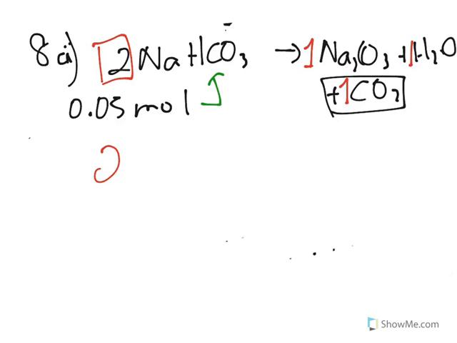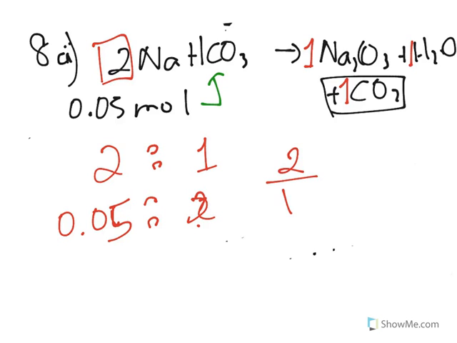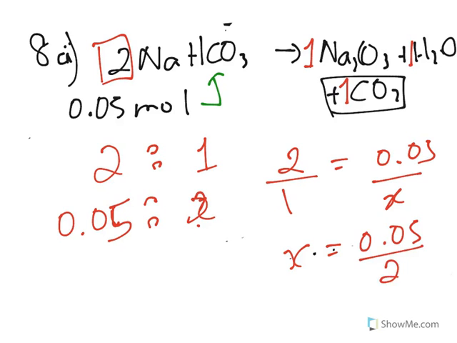So if 2 moles of sodium hydrogen carbonate give you 1 mole of carbon dioxide, how much do 0.05 moles of sodium hydrogen carbonate give you? We call that X. These two ratios should be equal, right? That means X, the number of moles of carbon dioxide produced, is 0.05 divided by 2, which is simply 0.025 moles. So 0.025 moles of carbon dioxide is formed.